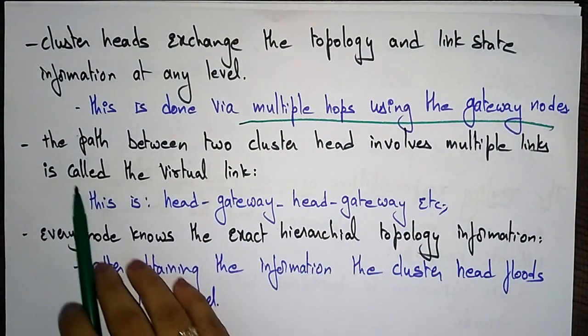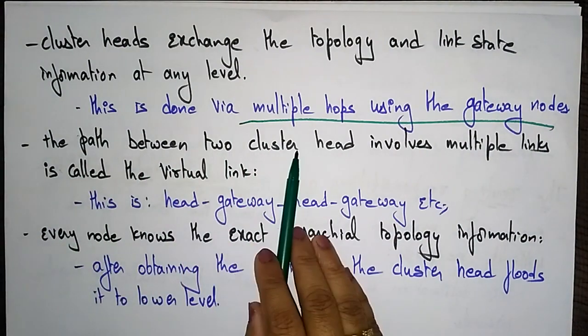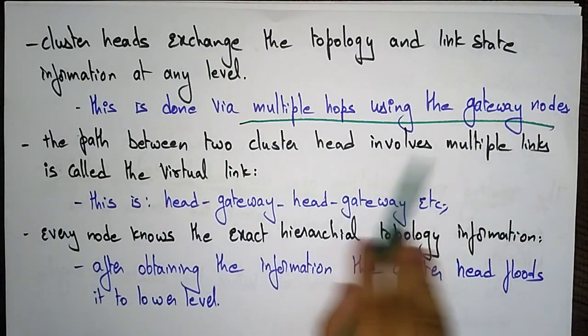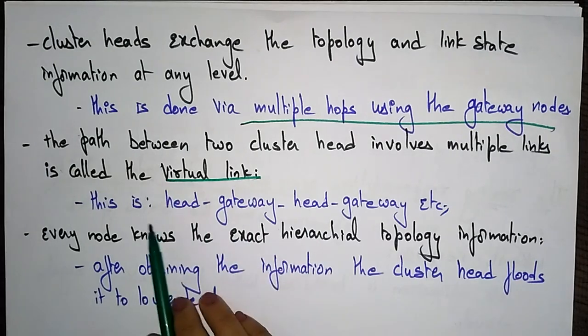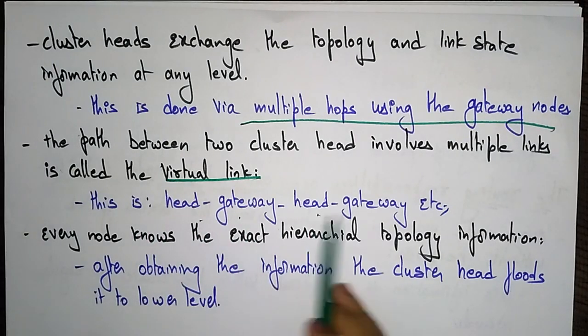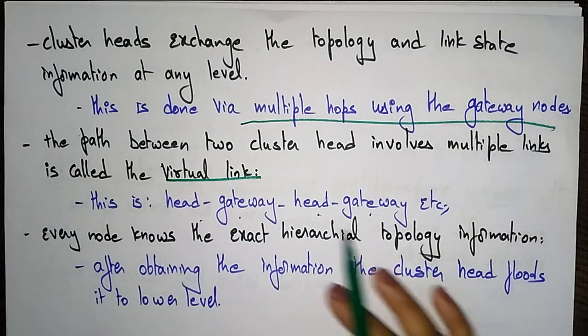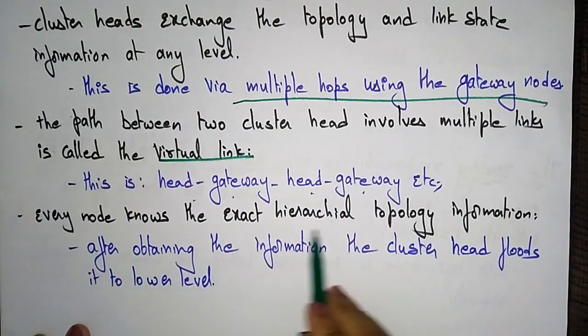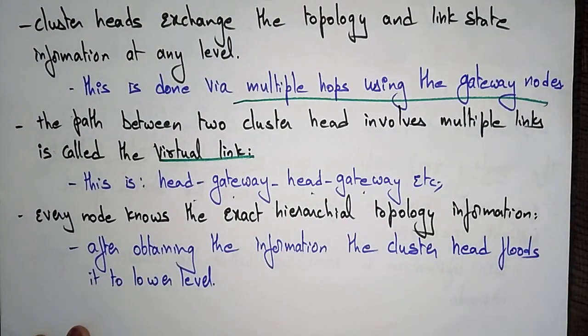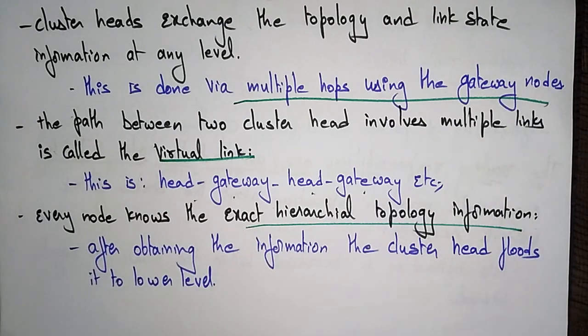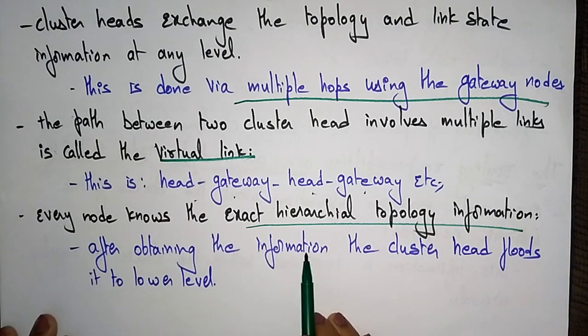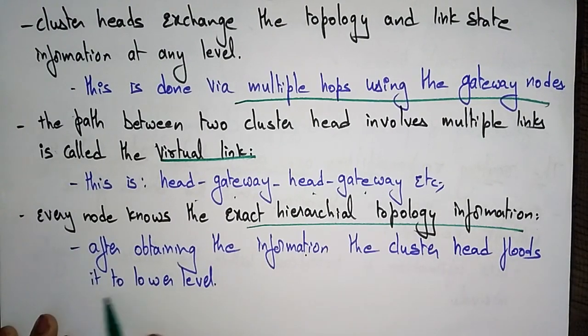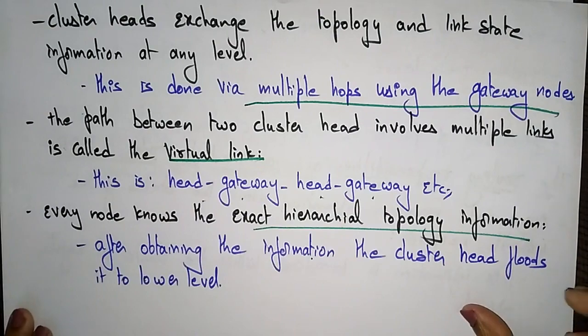The path between two cluster heads involves multiple links and is called a virtual link. Every node knows the exact hierarchical topology information. After obtaining the information, the cluster head floods it into the lower level.